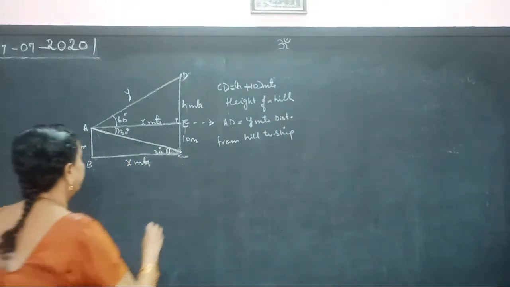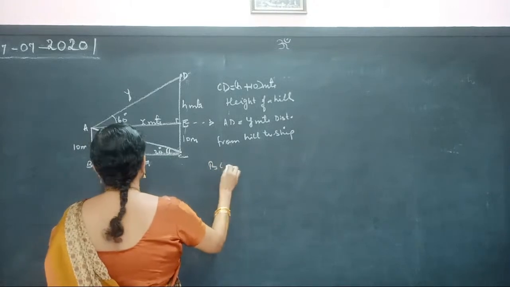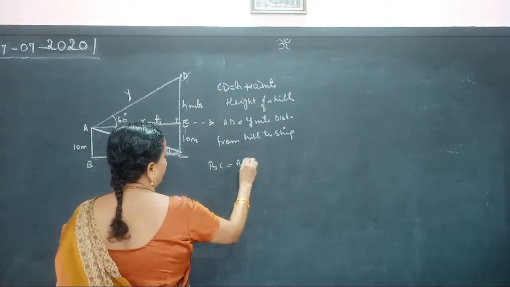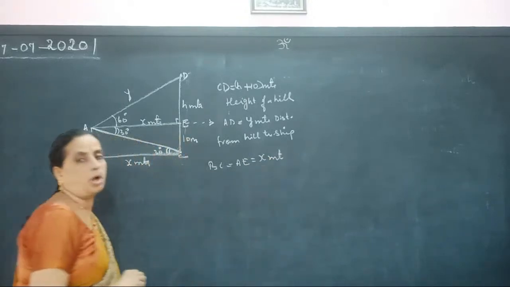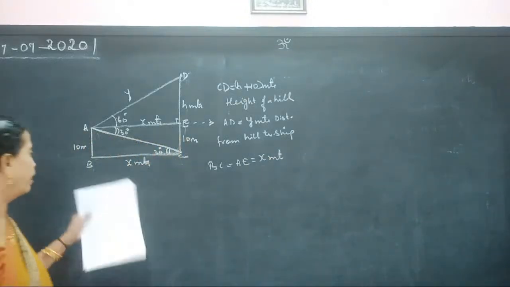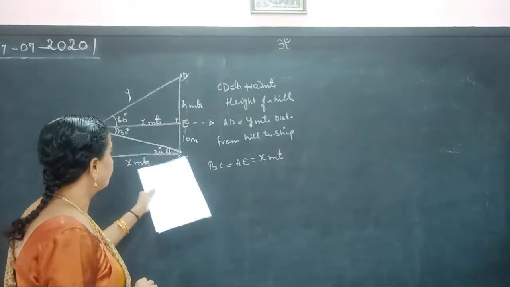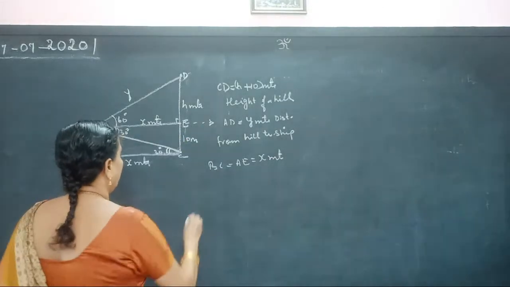Okay, and then BC equals AE equals x meter. That is horizontal distance between the position B to C, A to E.